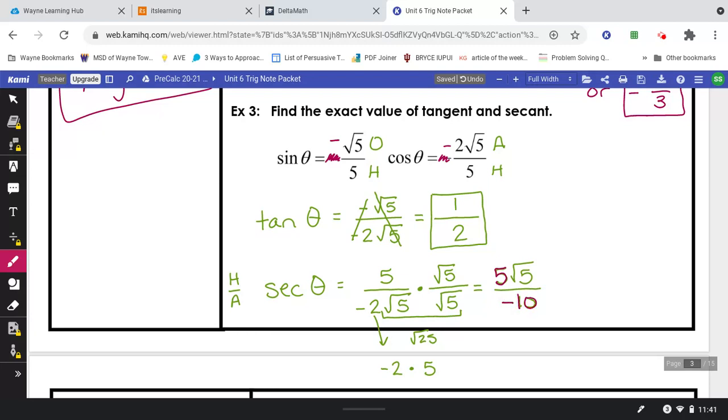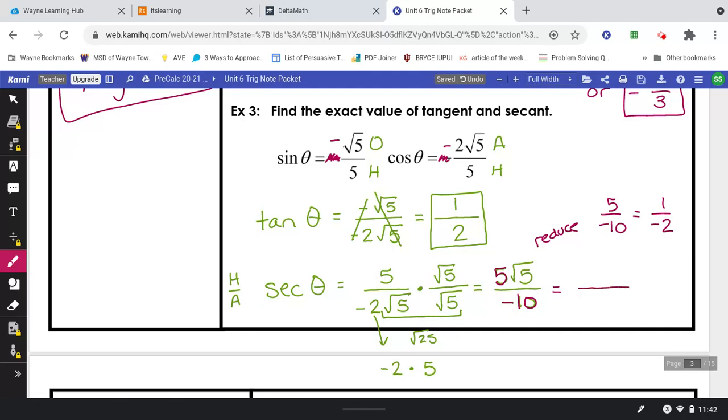Because those are both on the outside, I can reduce those. And 5 over negative 10 would turn to 1 over negative 2. Can't really do anything with the square root of 5, though. That does not reduce the same way as the regular outside numbers do.